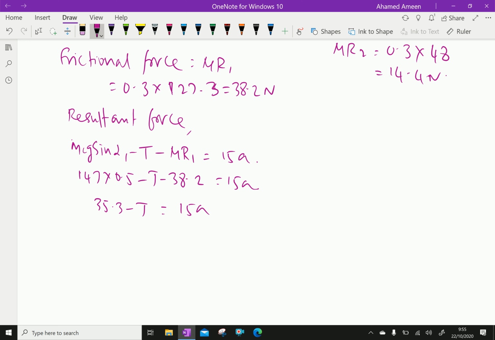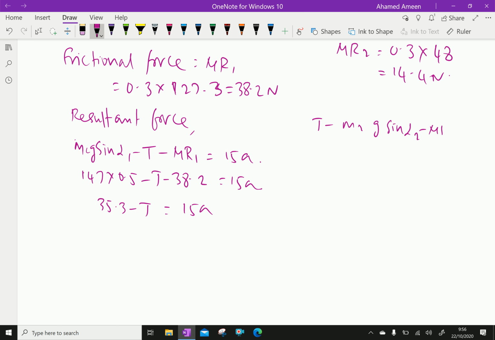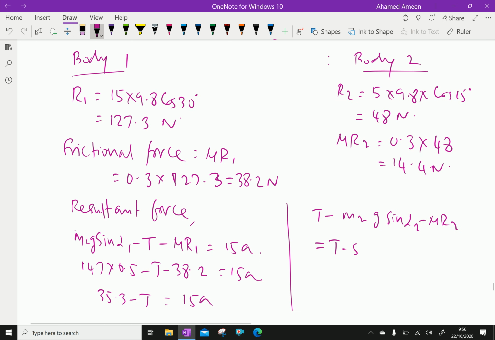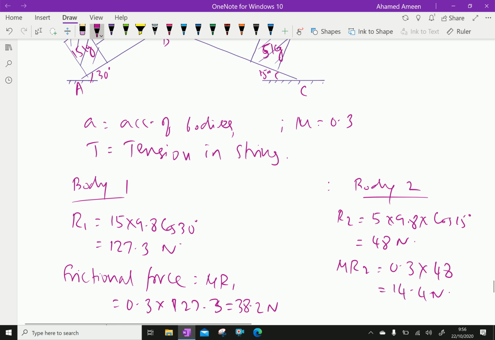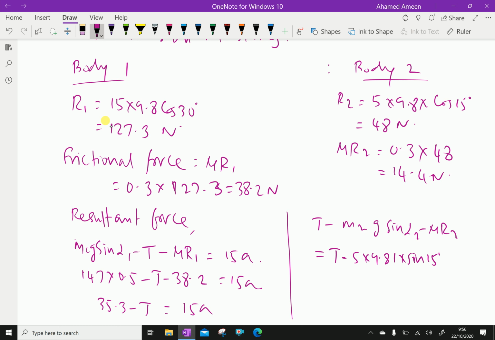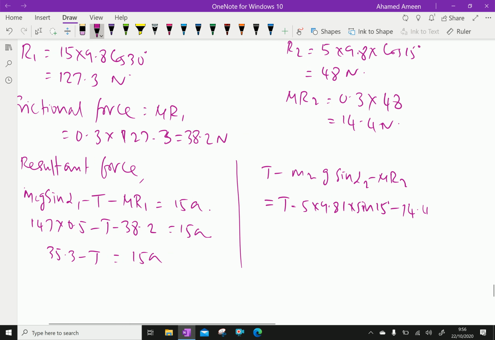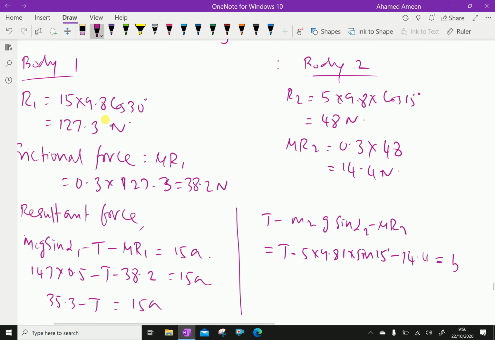On this side the resultant force is tension minus m2 g sine alpha 2 minus mu R2, which gives T minus 5 into 9.81 into sine 15 minus mu R2, which is 14.4, equal to mass into acceleration, 5a.